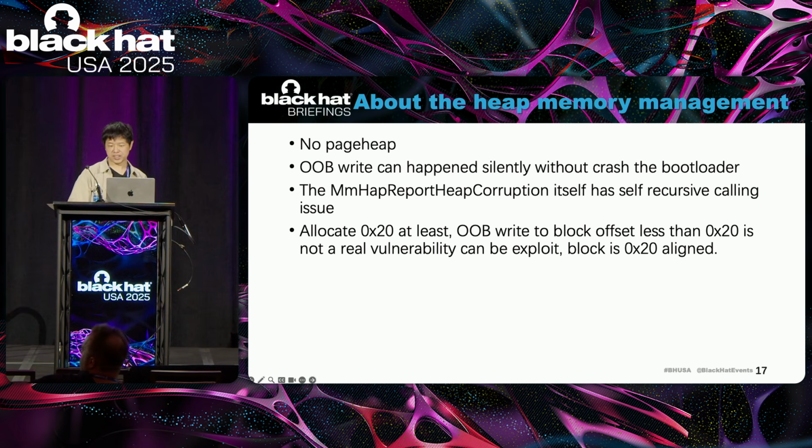Instead, it will crash the next time the corrupt data is used or when the heap management code does garbage collection. I was very surprised to find out that the heap corruption reporting function itself has a self-recursive issue. But it's not important because the stack overflow won't make a heap OOB write easier to exploit in theory. Also, you need to know that the block is at least 32 bytes and aligned at 32 bytes.